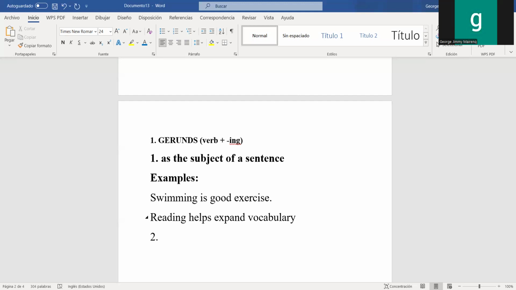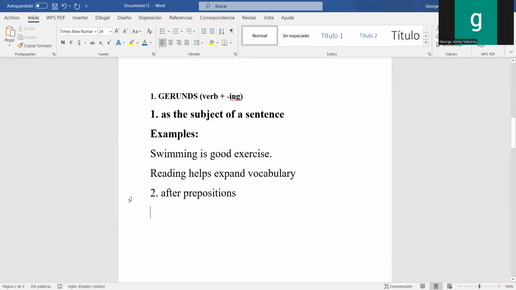Okay. So let's see the second usage that we got for this one. We can use the gerund after a preposition. This is another rule that we have, using gerunds after prepositions. Prepositions, you know, are things like in, for, since, etc. So we got as an example here: I'm interested in learning more.